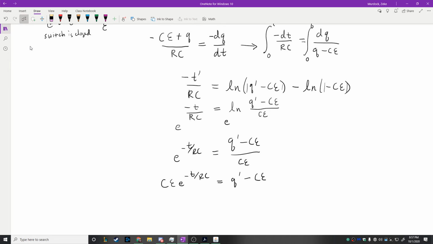We add the ce over here, so we end up getting ce plus ce times e to the negative t over rc is equal to q prime. See, I think something's wrong here. I knew if I did this too fast that... did I drop a negative sign somewhere? From the natural log part here.